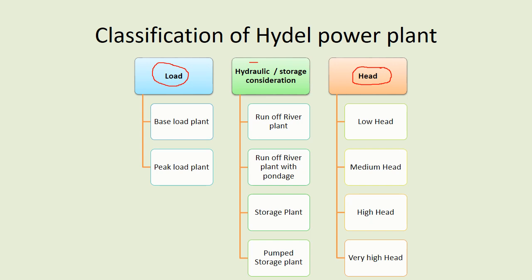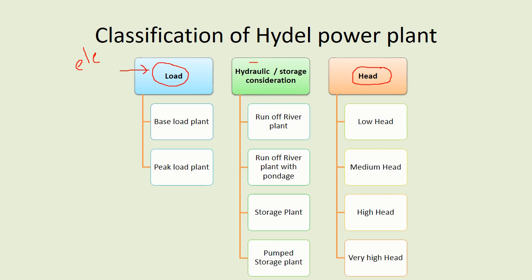But here the first consideration is the load. Here, load means electrical load, so we are more focused on the electrical side. This electrical load has two types: the base load plant and the peak load plant.